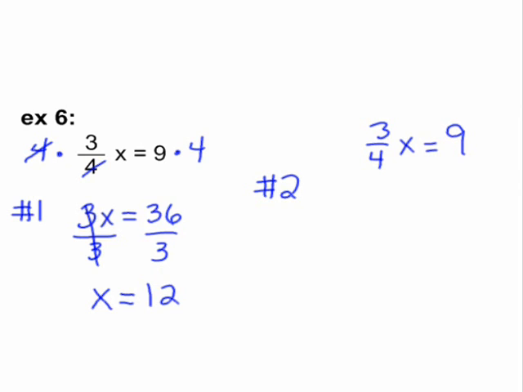Now when we divide fractions, we always do the keep, change, flip method. You keep the first the same, change division to multiplication, and then flip the fraction. So what I'm going to do is keep my first coefficient the same, and I'm going to multiply. Then we have to flip it upside down.